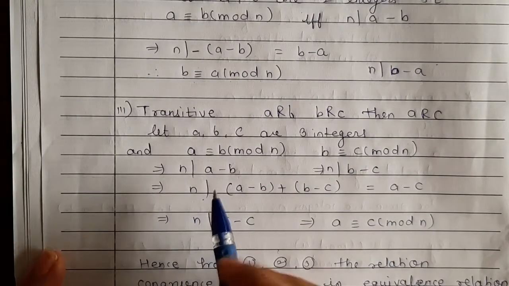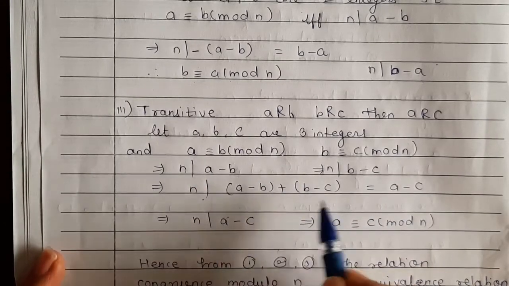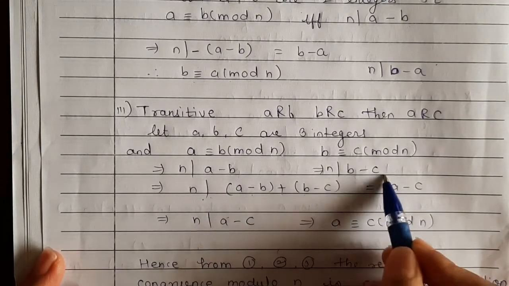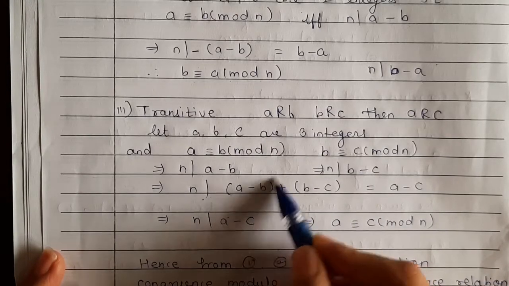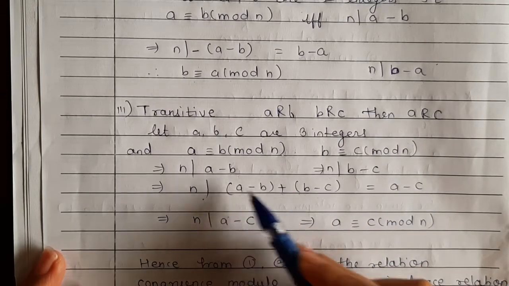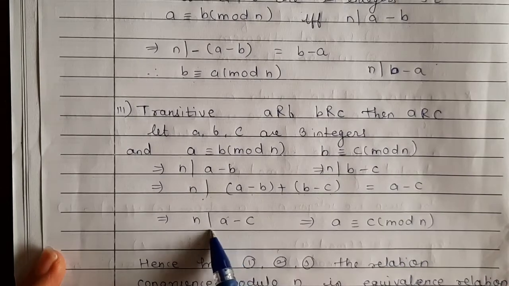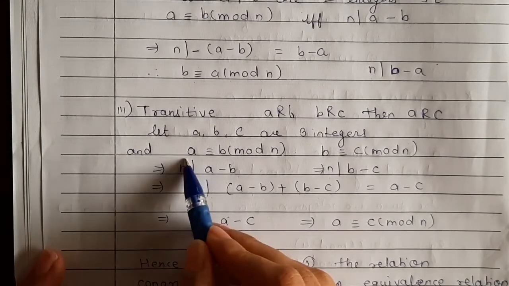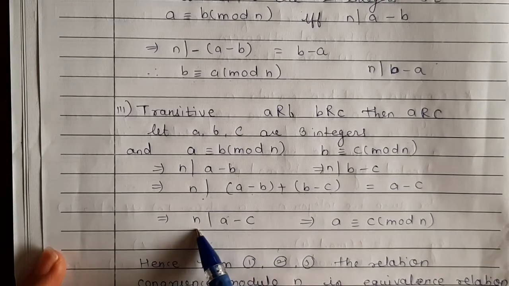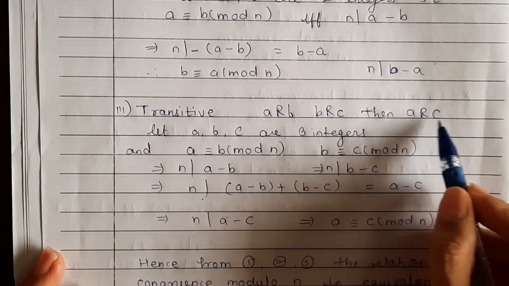Since n is common, we take the addition of these two, so n divides a minus b plus b minus c. Here we cancel out b, which gives a minus c. So n divides a minus c, and applying the definition we get a is congruent to c mod n. That is what we had to show, so a is related to c.